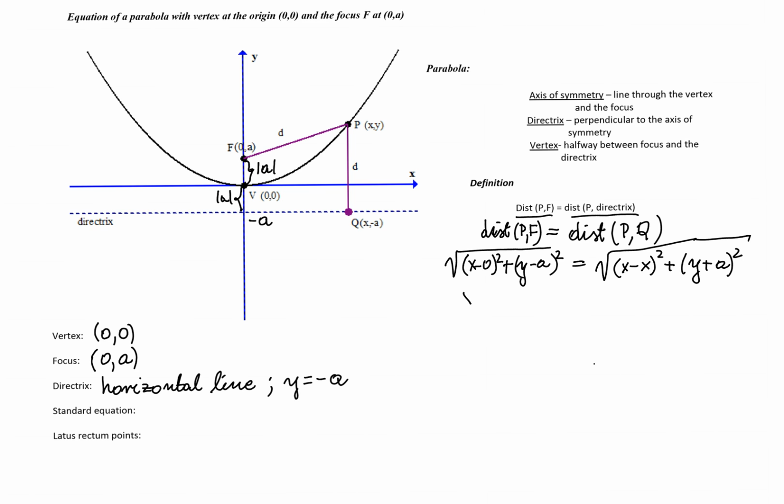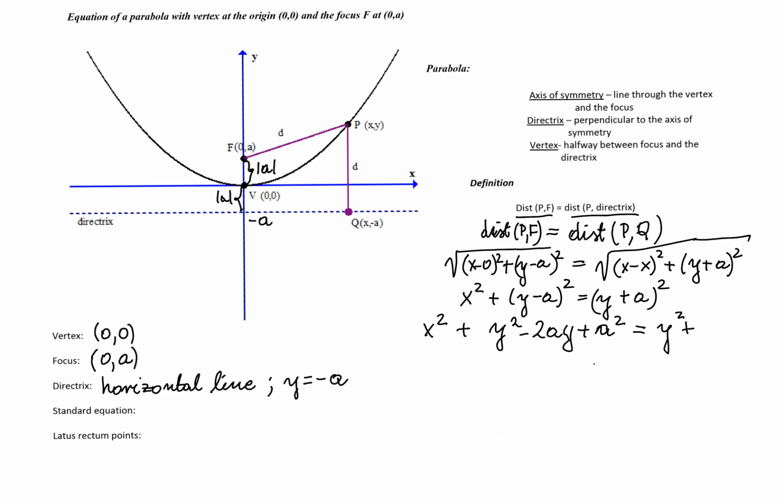Removing the radicals will give me x squared plus (y minus a) squared is equal to (y plus a) squared. And now removing parentheses, squaring the binomials will give us x squared plus y squared minus 2ay plus a squared is equal to y squared plus 2ay plus a squared.